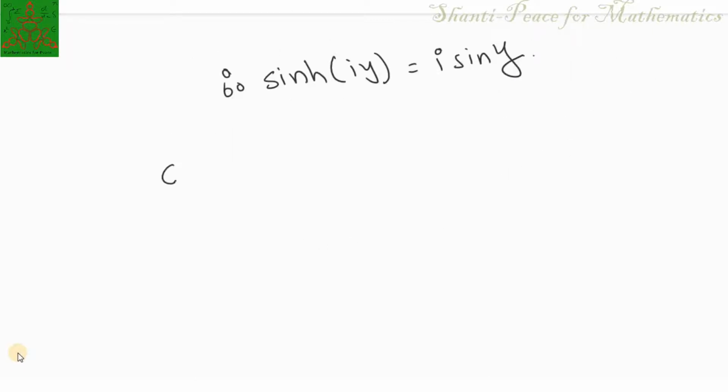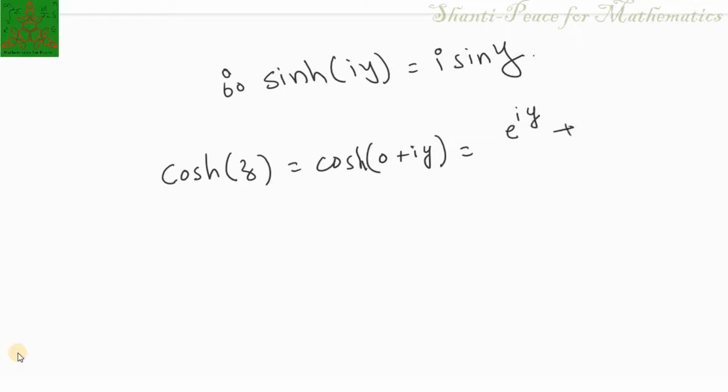Now we'll start with cos hyperbolic of z. Cos hyperbolic of z is cos hyperbolic of 0 plus iy. So by definition that is (e power iy plus e power minus iy) by 2.